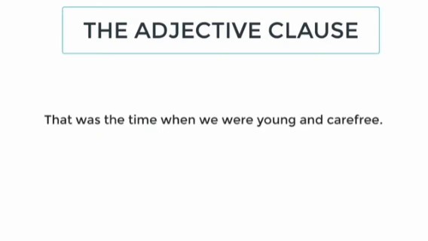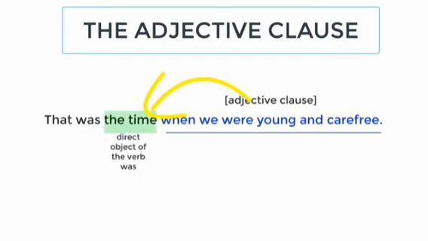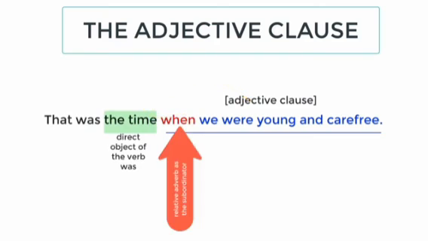That was the time when we were young and carefree. When we were young and carefree is an adjective clause describing the time, the direct object.